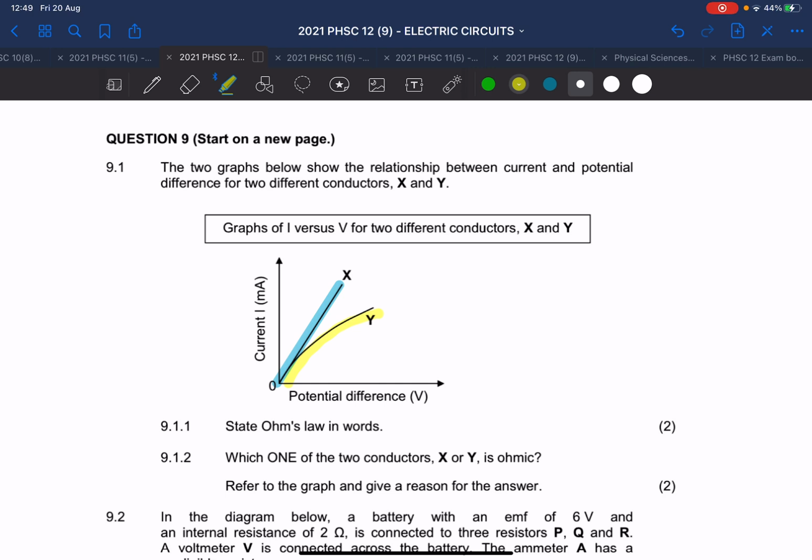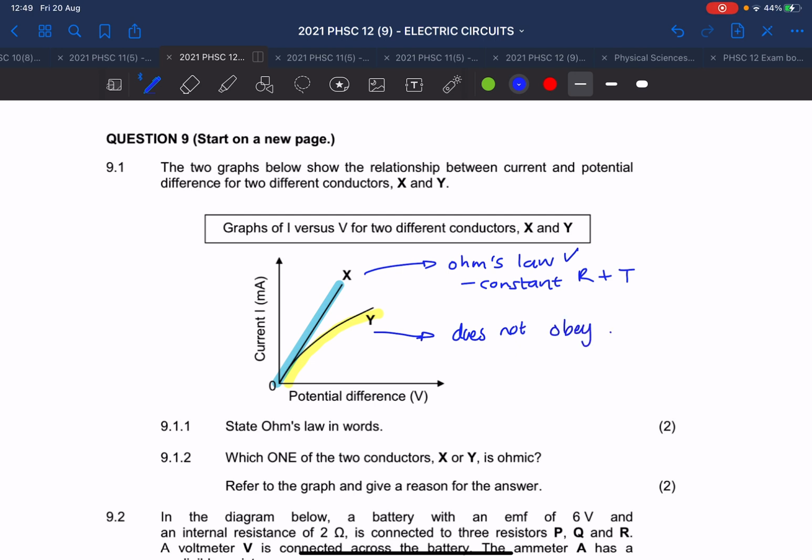If you see a straight line, it means what? Obeys Ohm's law. It means the temperature remains constant. It means the resistance is constant. Okay, so if you see that, you know Ohm's law is obeyed: constant resistance and temperature.